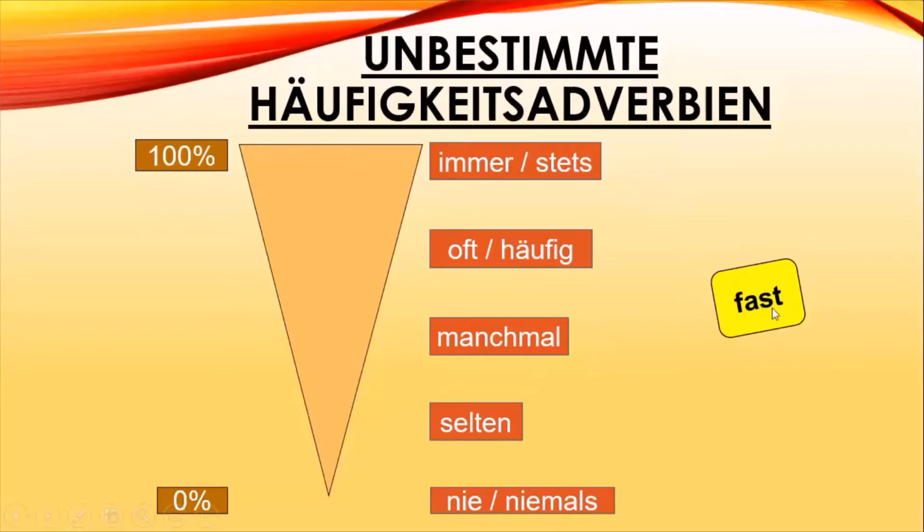Now if we add the word fast before immer or stets, or even if we add this word fast before nie or niemals, then the meaning becomes almost always or almost never.